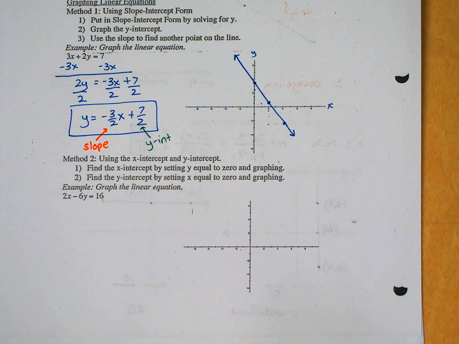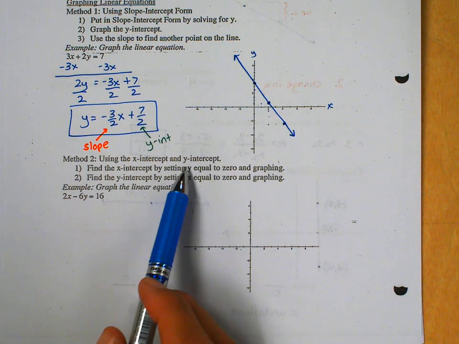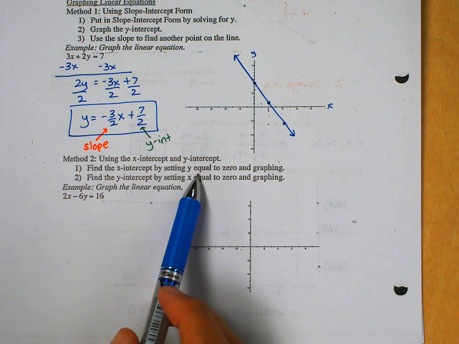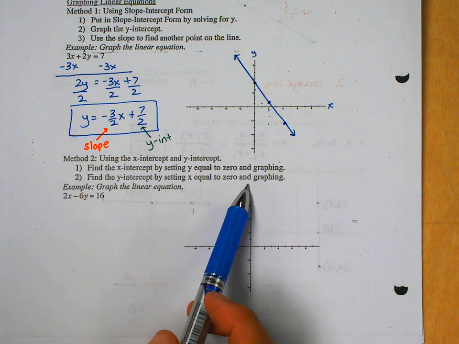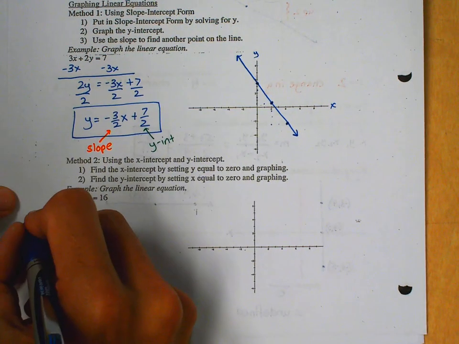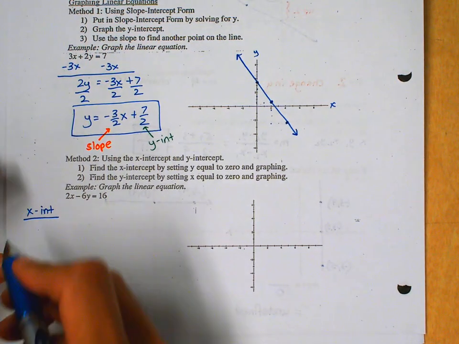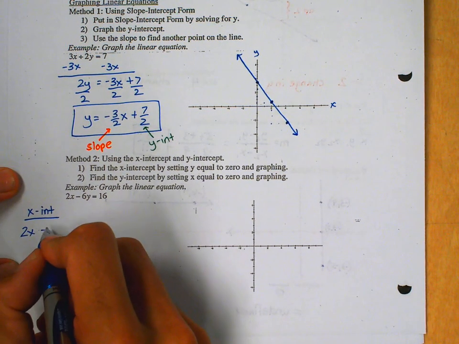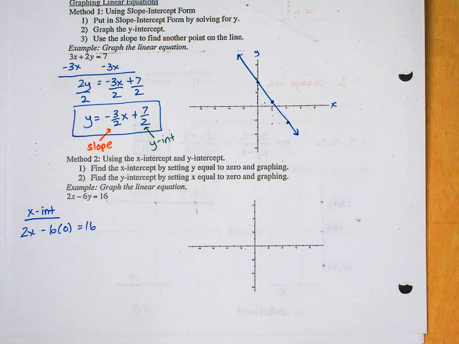All right, now that's not the only way to graph. We can use the x and y intercepts. To find the x-intercept, you set y equal to 0. To find the y-intercept, you set x equal to 0. So we're just going to take this equation and find the intercepts. For the x-intercept, we're going to say 2x minus 6 times 0 equals 16. And then we're going to solve.